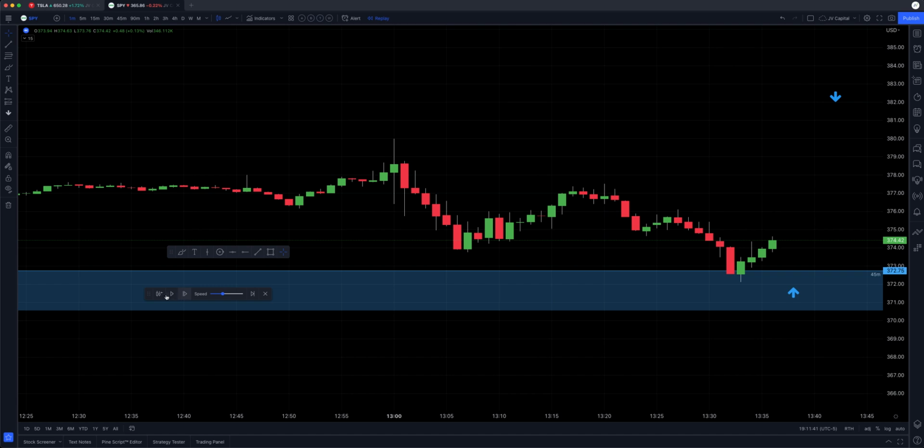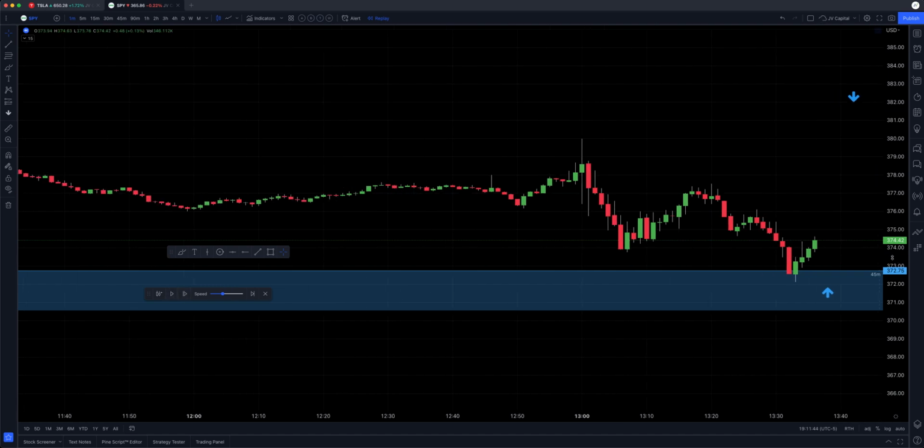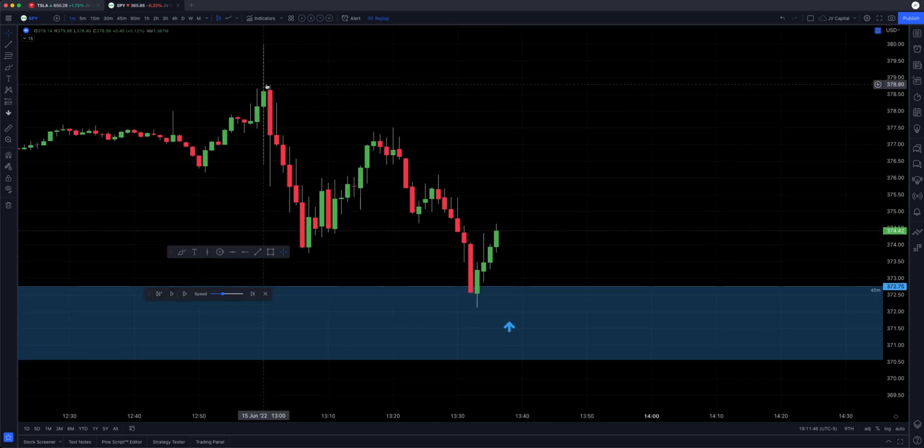Came into this demand zone. The market sold off into this zone pretty heavy, from up here, 379, all the way down to 372 fast.